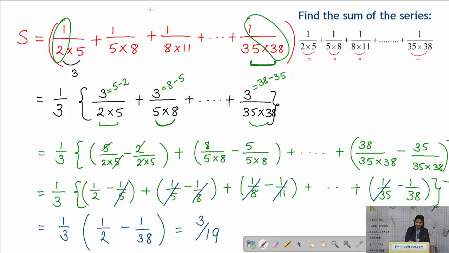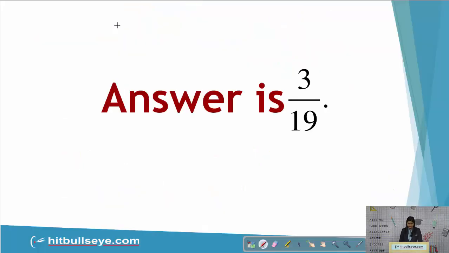So my answer will become half minus 1 upon 38 into 1 upon the difference. What is the difference here? 3 will be the difference here. So that will be the final answer in this case. 3 by 19, this is the answer.